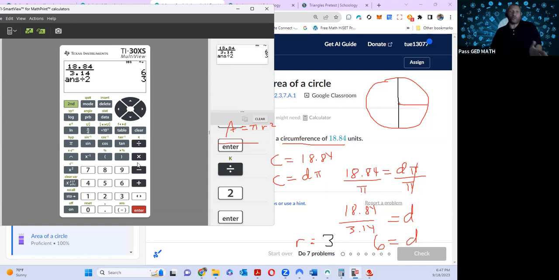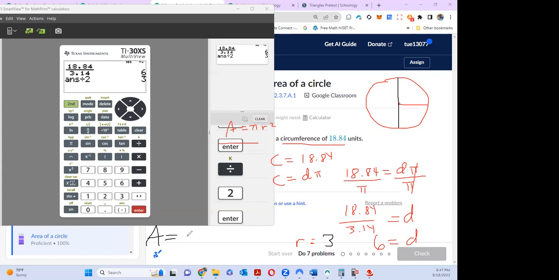Now, once we know the radius is 3, do we know how to find the area of a circle? What is the formula to find the area of a circle? A equals pi r squared.